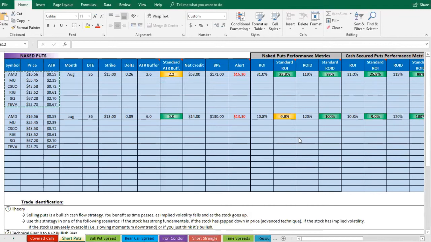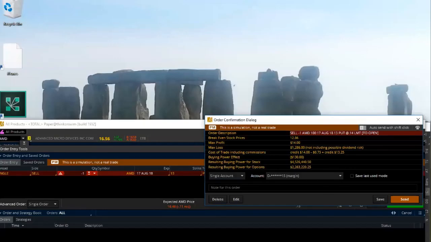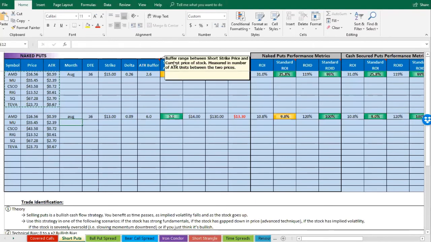AMD, we have 2 different numbers on. Chart, cushion, credit. Which one is better? Yeah. If you have to think about this right now, I want you to. If you had to either pick the 26 delta or the 9 delta here, which one is a better trade?